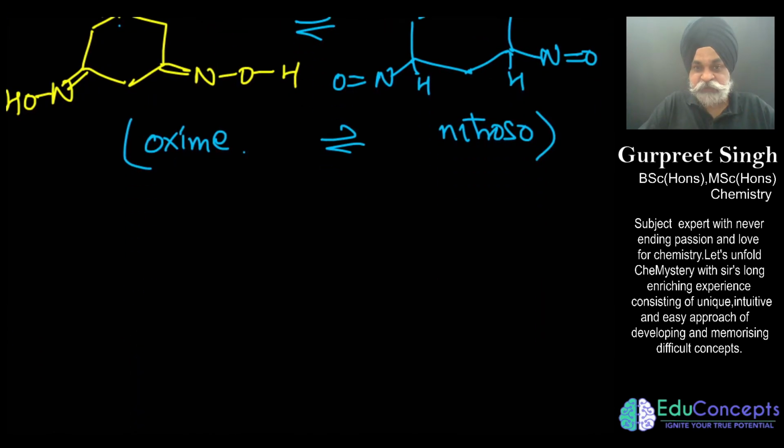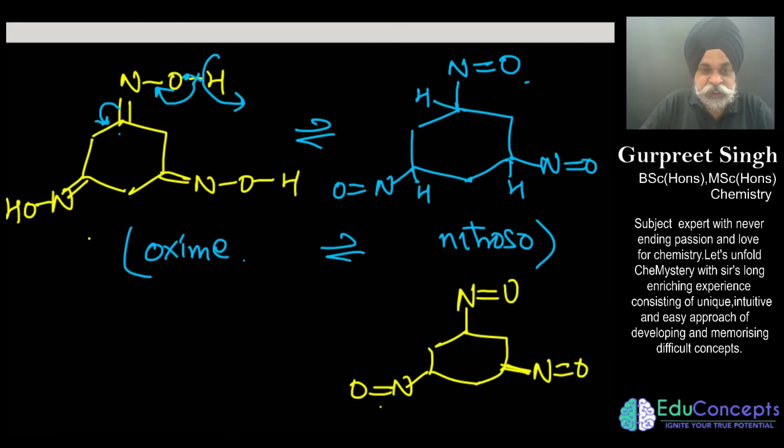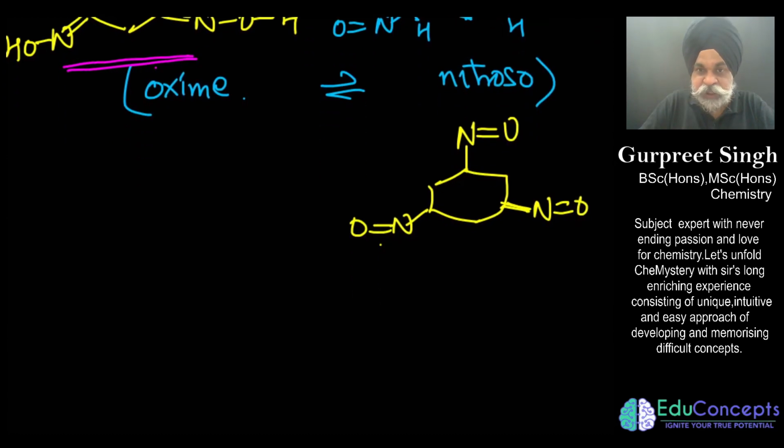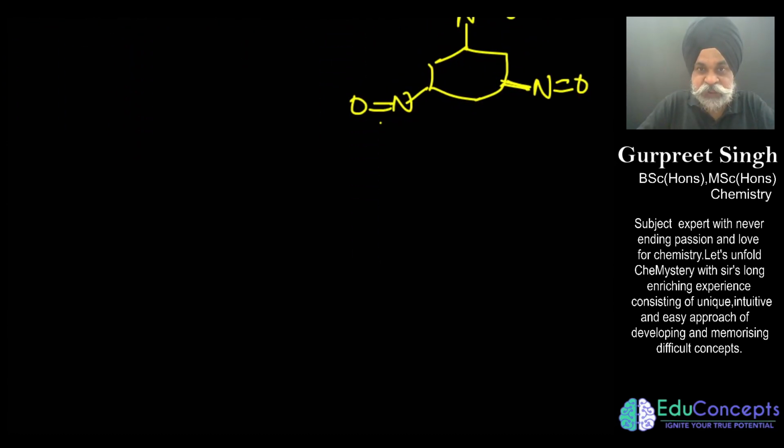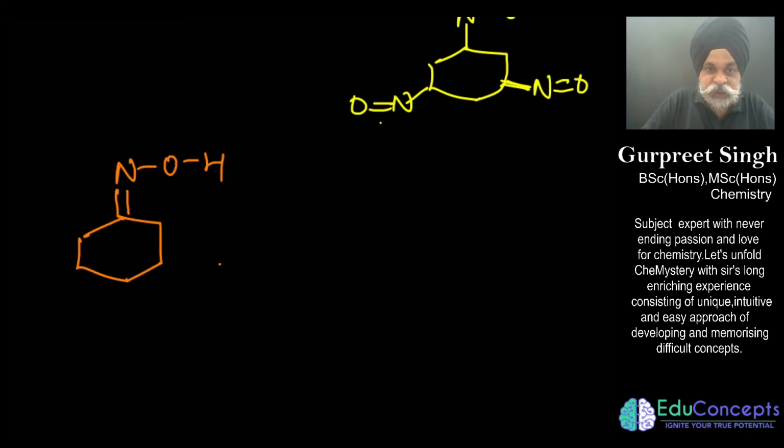Now, this is very beautiful. If I consider this molecule once again, if I place it like this, I have written the oxime. Now I may also think of it this way. Just hold on for a minute. I want to draw it. If I place it like this, now see here.